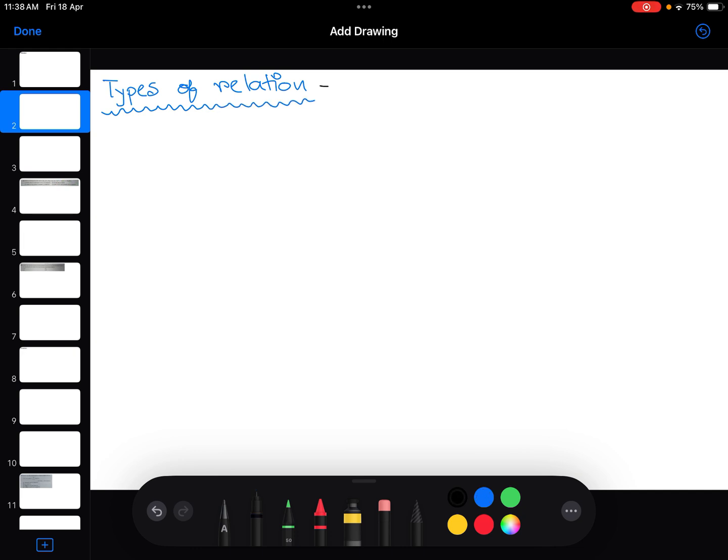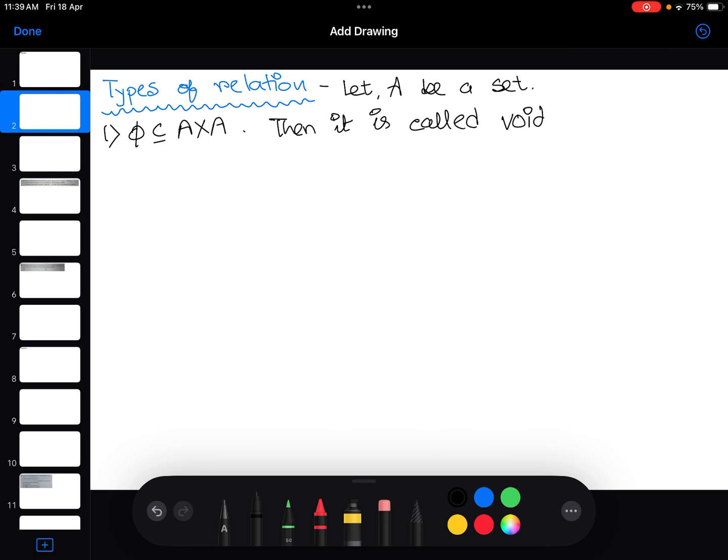Let us start by taking a set A. Clearly we know that phi is a subset of A cross A, so it is a relation on A. This relation is called the void relation or empty relation. This is easy.